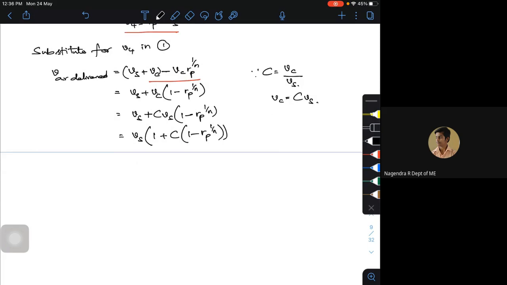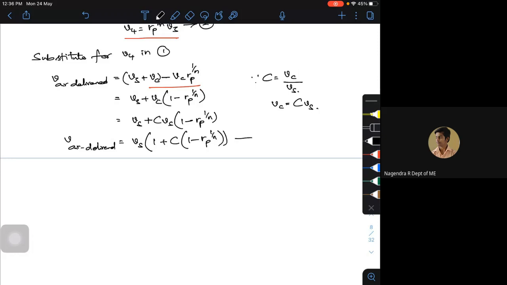So Vs into 1 plus clearance ratio C into 1 minus Rp to the power of 1 by n. In some books they give this as the volume of air delivered.